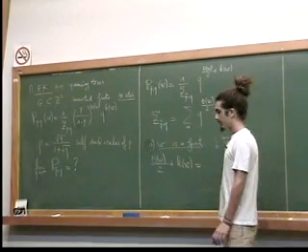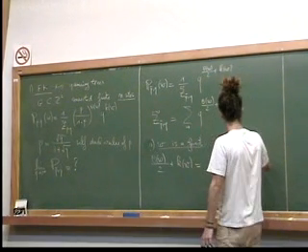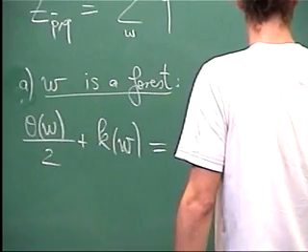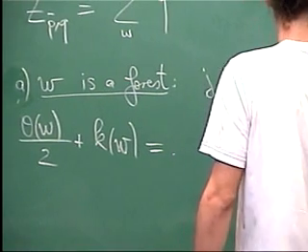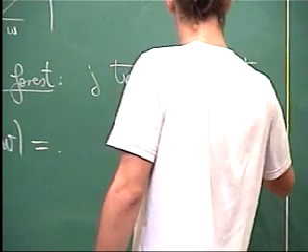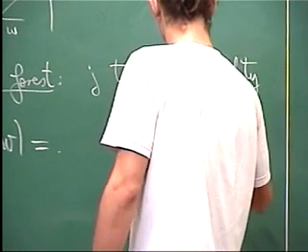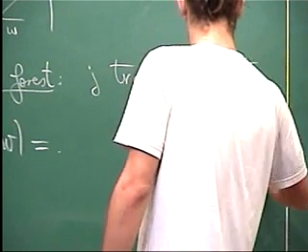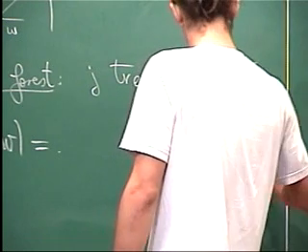For each tree, let's say they have cardinalities k1, ..., kg. Clearly the sum of the ki is equal to n.